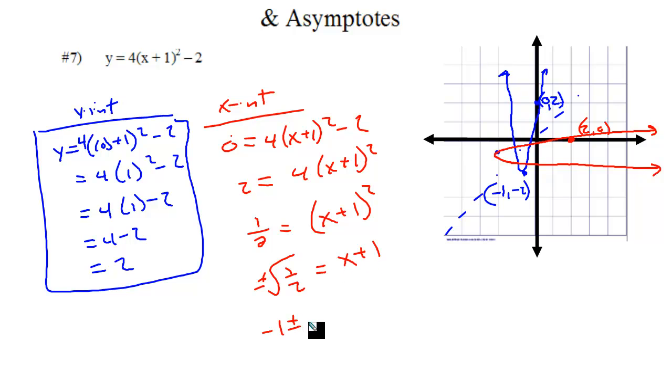Subtract 1. So the x-intercepts here, one of them is negative 1 minus the square root of 1/2. Actually, this picture is so crowded, I'm not going to write it in here.